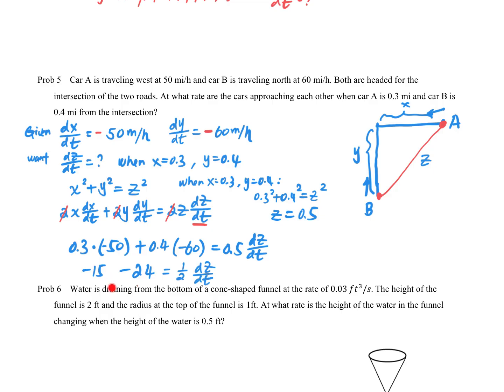And the left side gives us negative 39, equals 1/2 dz/dt. And therefore dz/dt is equal to negative 78 miles per hour. That means, the negative sign means the distance between these two cars is shrinking, is decreasing at the rate of 78 miles per hour.